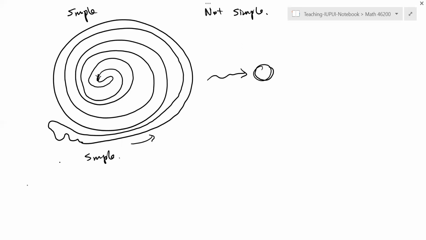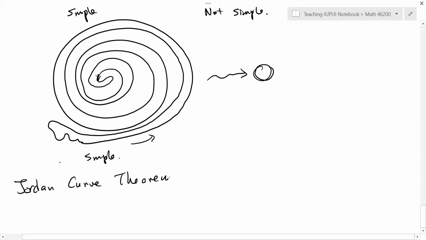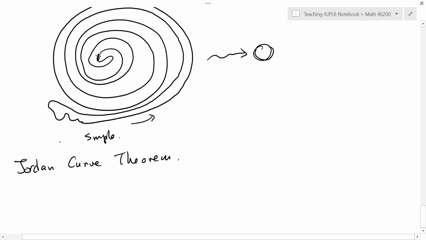And there is a very important theorem. What's the name of the theorem? It's called the Jordan curve theorem. The Jordan curve theorem says that a simple closed curve in a plane divides the plane into two regions.